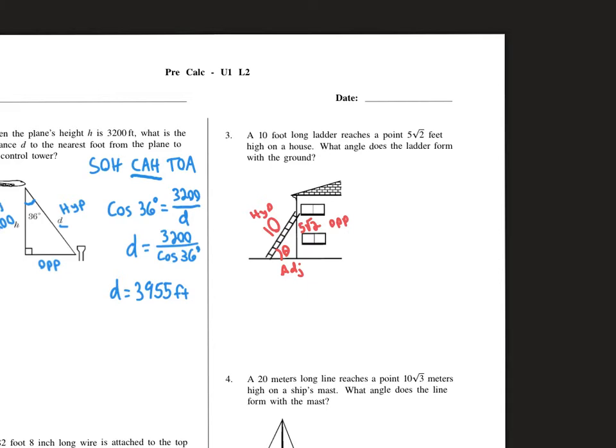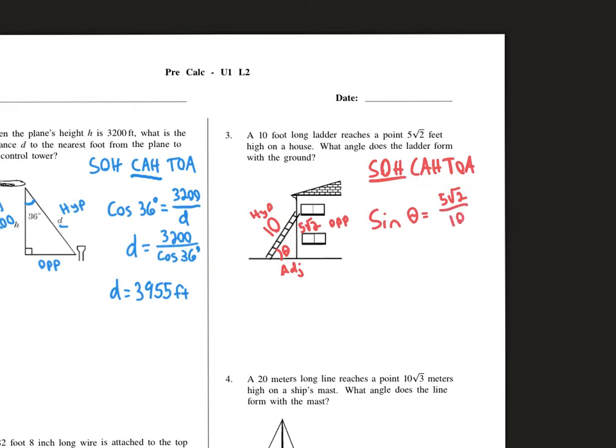Okay, so now we got to pick our trig function. Sine, cosine, tangent, SOH CAH TOA. We're looking for theta. We know the opposite and the hypotenuse, so we're back to sine. Sine of theta will equal 5 times the square root of 2 over 10.